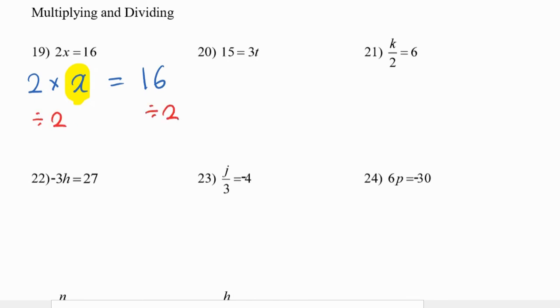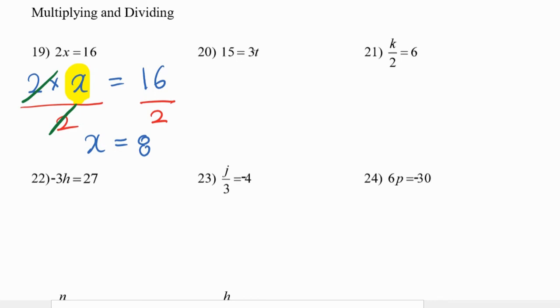You use either the division sign or the division bar. They are the same. So 2 times x divided by 2 equals 16 divided by 2. So you're doing the opposite of multiplying 2. This will be cancelled and x will be isolated. 16 over 2 is 8. So the answer is 8.